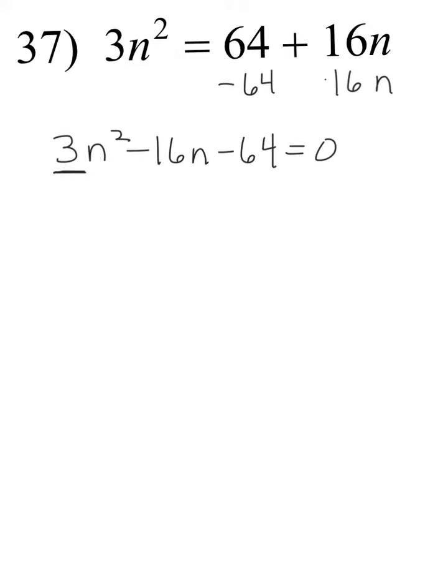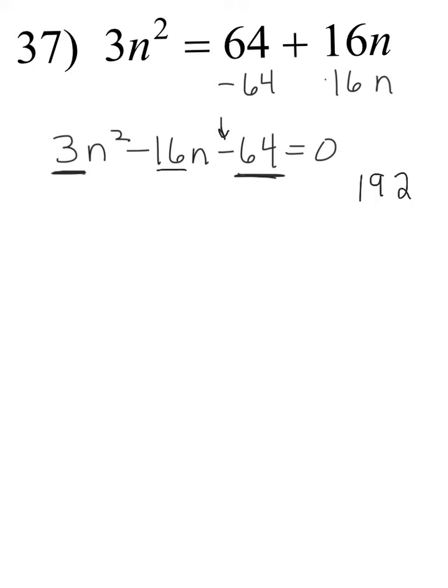The one odd thing that we have to do is we have to multiply our A times our C to get a new number that we're going to factor. So 3 times 64 is 192. Okay, so just like we saw before, we need to find factors, and because this is a negative, we have to find factors that subtract to be 16.